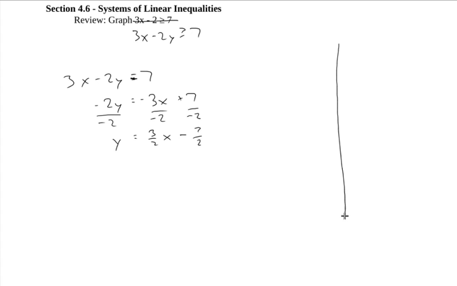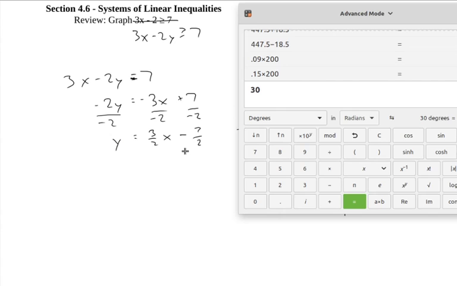If I'm graphing this, I need to figure out where negative 7 halves is located on my number line. And, well, you can just ask your calculator if you want to convert it to decimal.